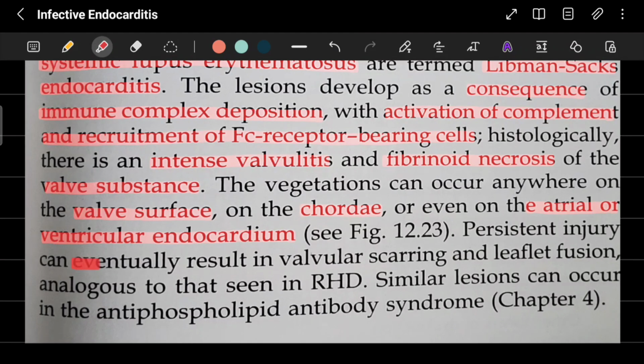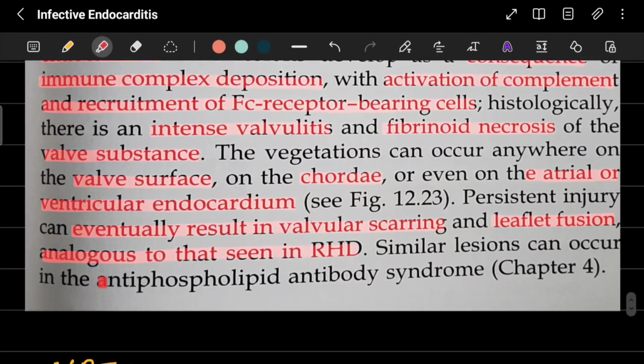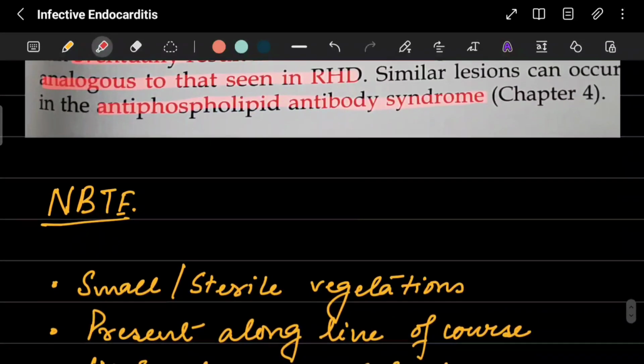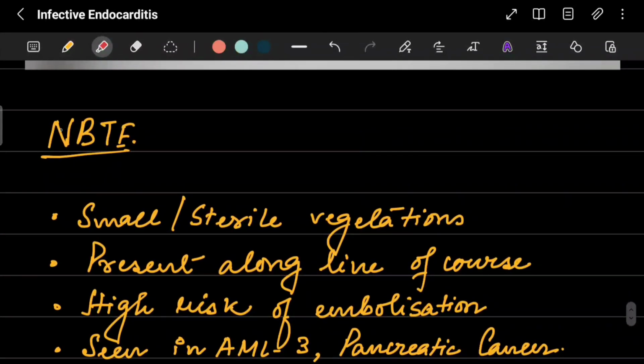Persistent injury can eventually result in valvular scarring and leaflet fusion, analogous to that seen in rheumatic heart disease. Similar lesions can occur in antiphospholipid antibody syndrome as well. So let us summarize what we just talked about in case of NBTE and Libman-Sacks syndrome. In case of NBTE, the vegetations are small and sterile.